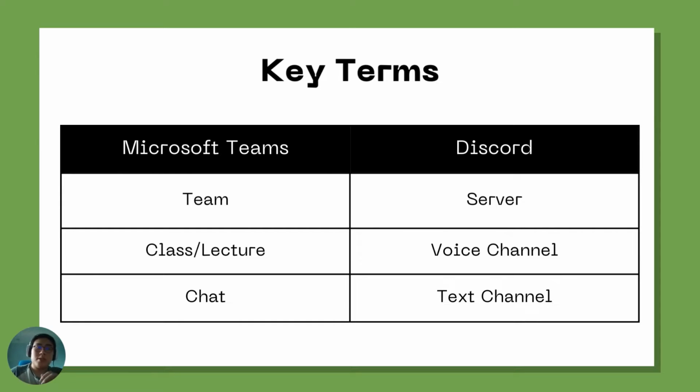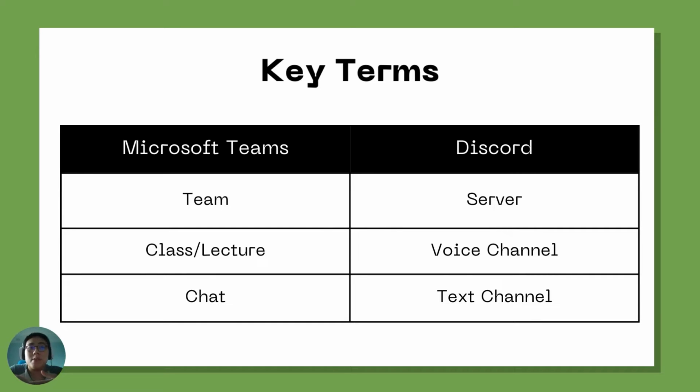In Microsoft Teams, we join a team, let's say the teaching and learning technology team, through a code or an invite from the lecturer, and then we attend the lesson in the team. However, that's not the term in Discord. We use the term server. So we would join a teaching and learning technology server to attend the lesson. It's the same thing but different terms basically.